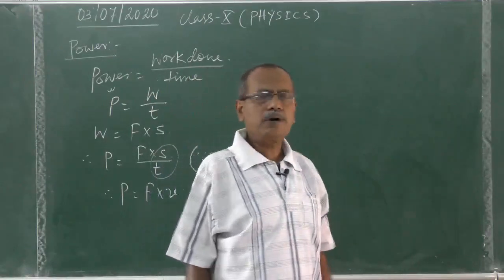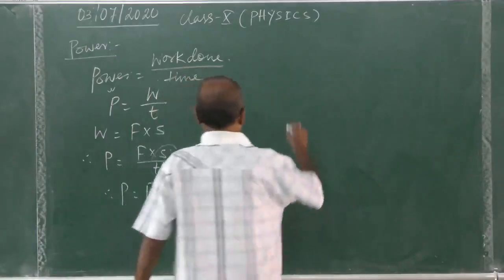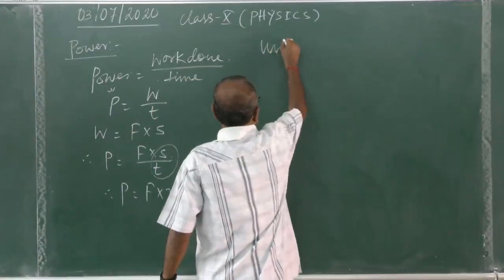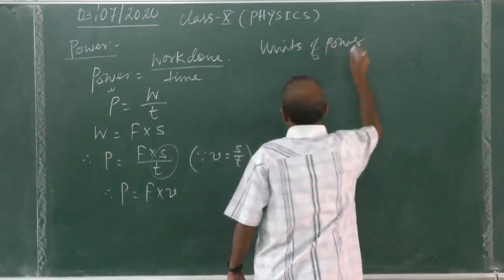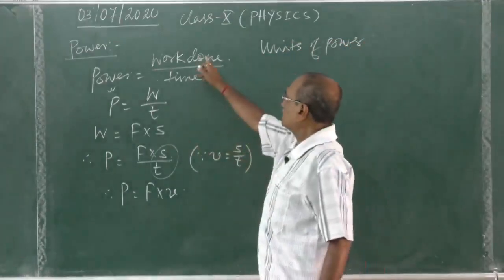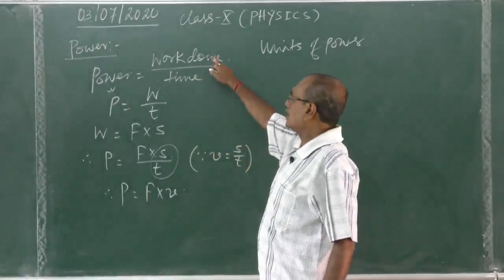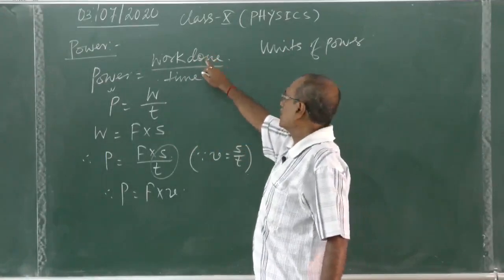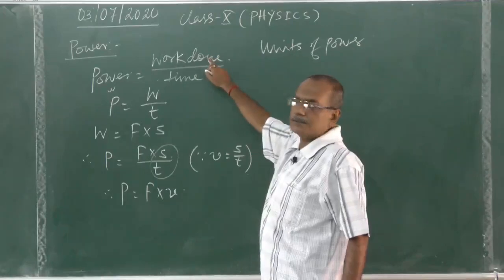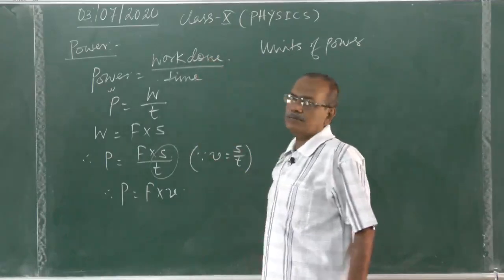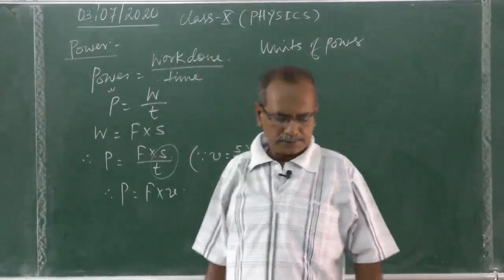Now next, very important, that is units of power. Now power is work done by time. So unit of work done is joule and unit of time is second.